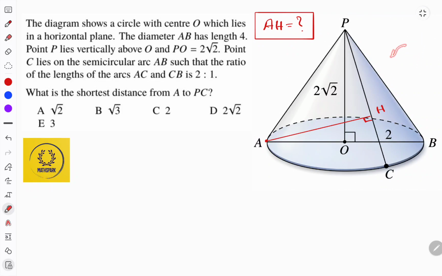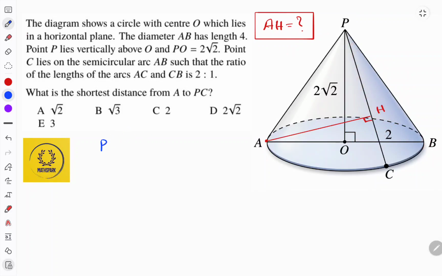If we cut this cone through its height vertically, the cross section is this triangle, which is an isosceles triangle. But I'm going to work on this part of the cross section, which is a right angle triangle POB.